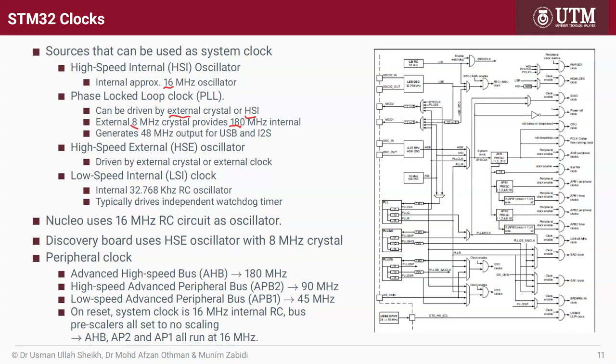That means for our system, we may never get 180, because the Nucleo that we have uses the HSI. So it can go up to 168, but I think that's good enough. From the phase lock loop, it will generate the 48 MHz for USB and I2S. And then there's also the high-speed external oscillator. And lastly, there's the low-speed internal oscillator.